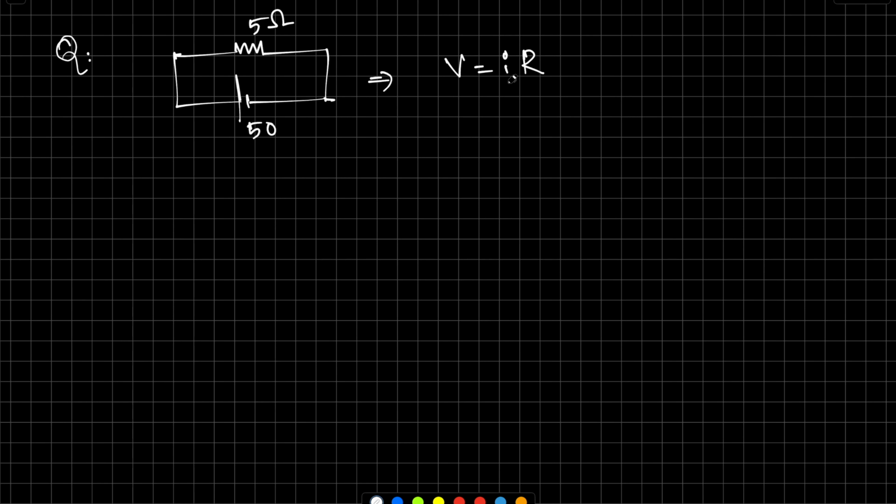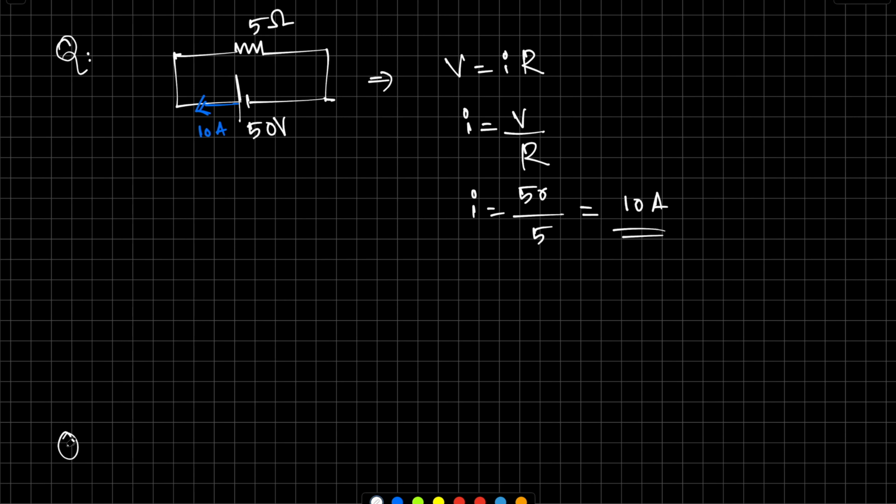We need to find the current, so I equals V over R. I equals voltage, 50 volts, over resistance, 5. 50 by 5 is 10 amps. So 10 amps current is flowing through the battery. That's the total current in the circuit, 10 amps.